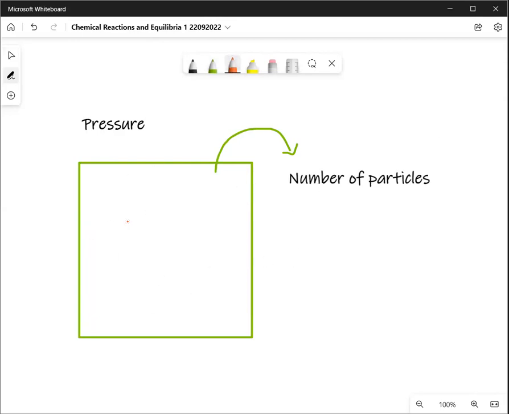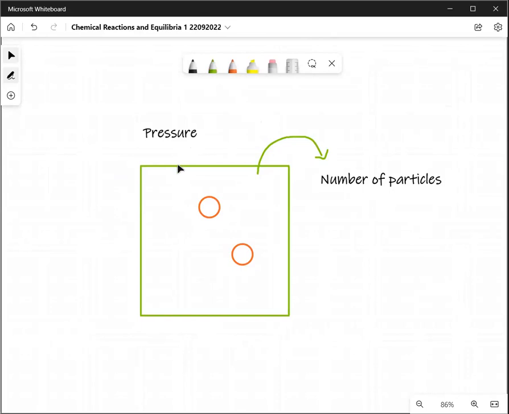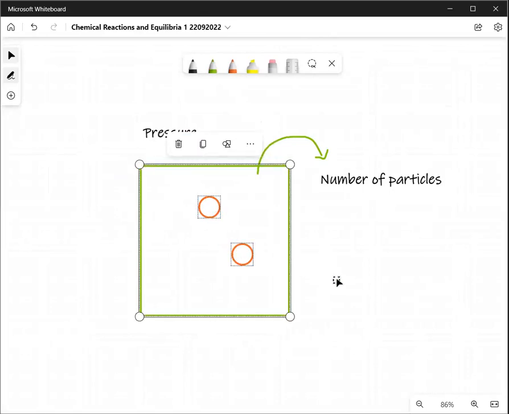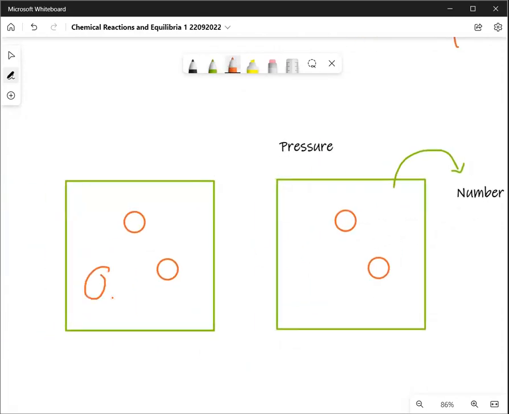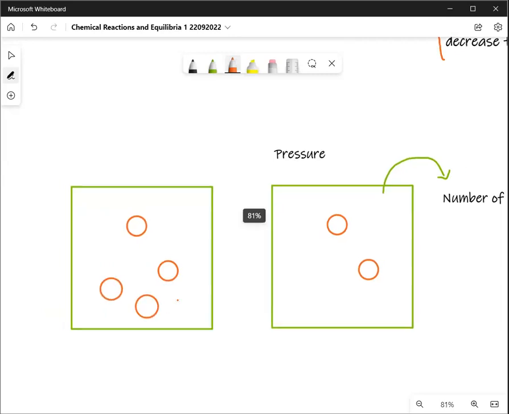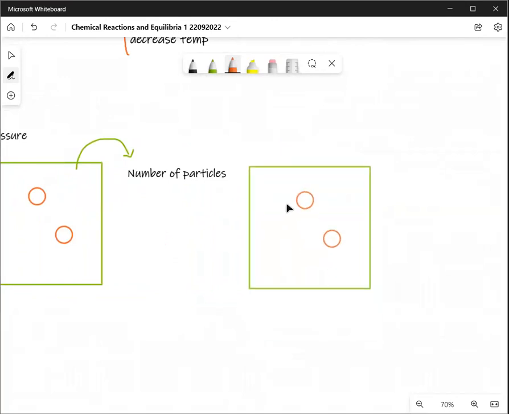Now, right now, how many particles do I have in the box? Two. Okay, I have 2. Now over here, how many do I have? 3. How many now? 4. Okay, now what about this one here?